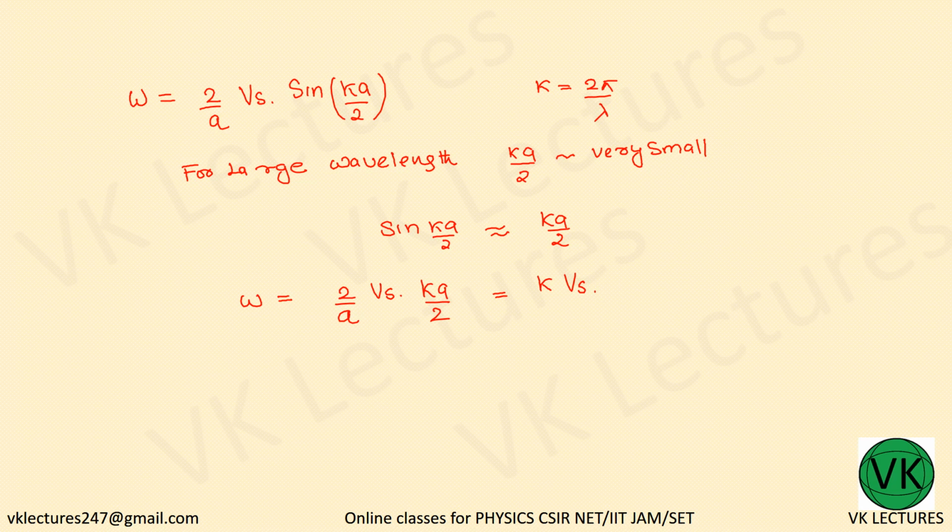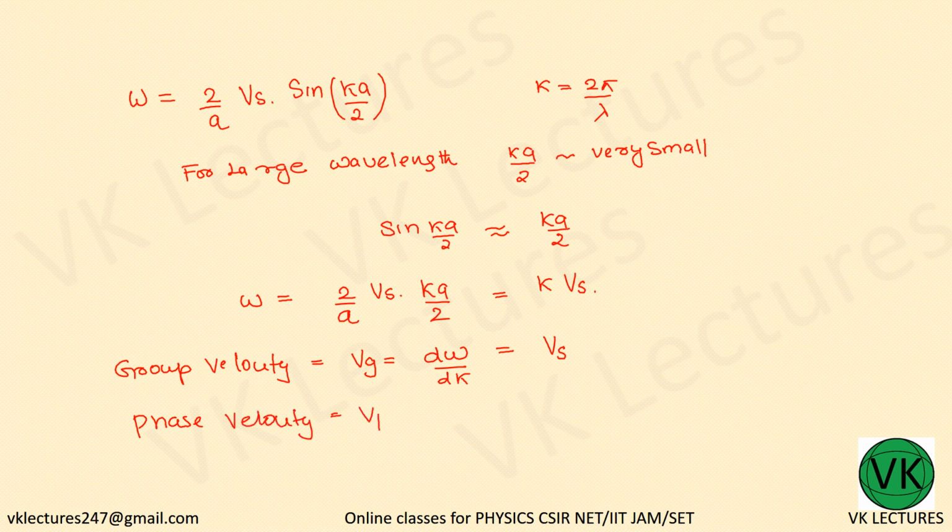Now the group velocity Vg is equal to d omega by dk. Since omega is k Vs, d omega by dk will be equal to Vs, and the phase velocity Vp is equal to omega by k.